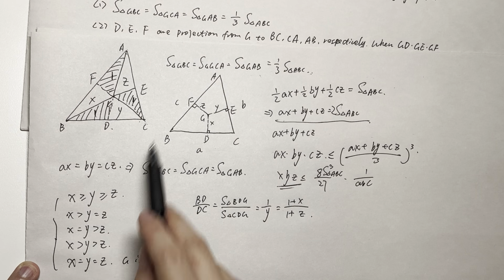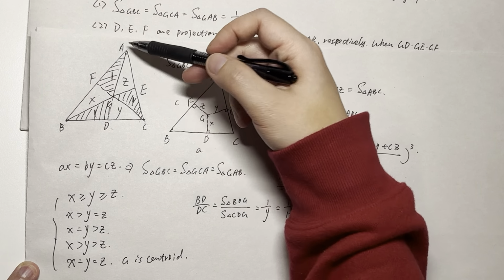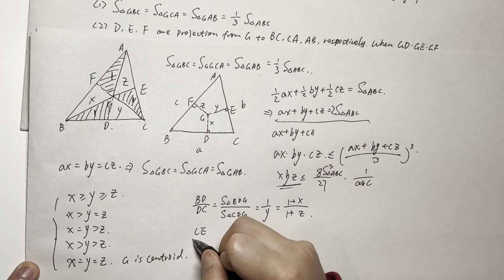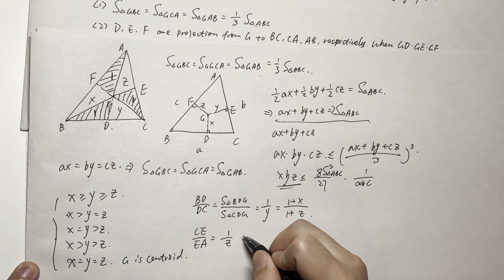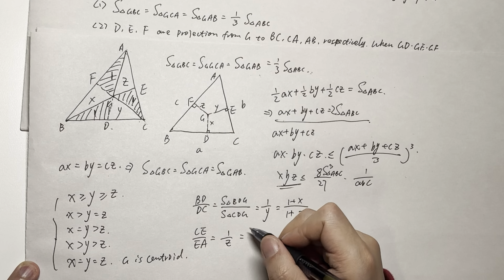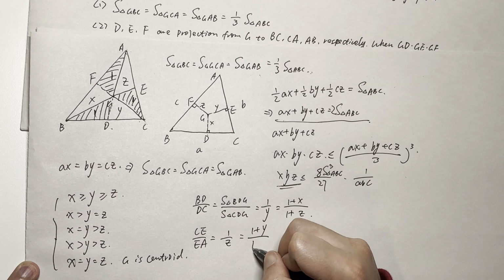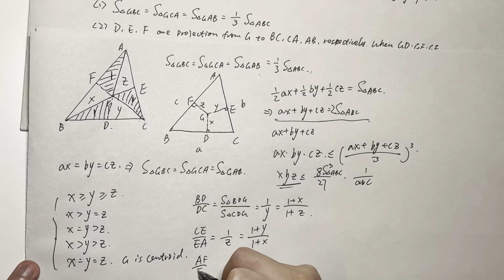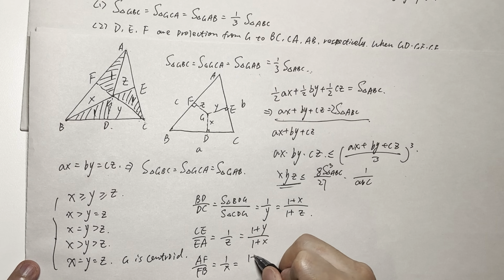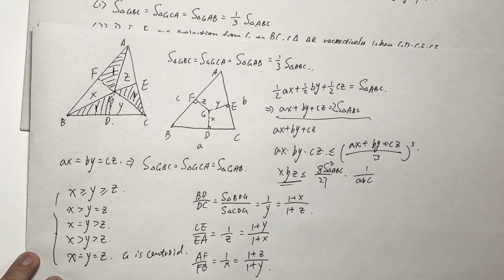That's BD to DC. And what about CE to EA? CE to EA equals 1 to z, which also equals 1 plus y to 1 plus x. What about AF to FB? AF to FB equals 1 to x, which equals 1 plus z to 1 plus y, right?